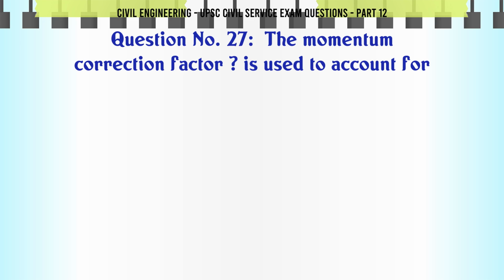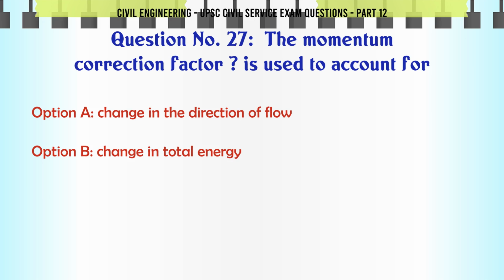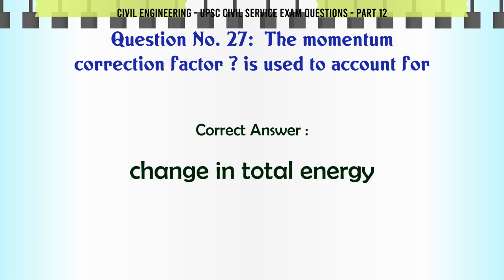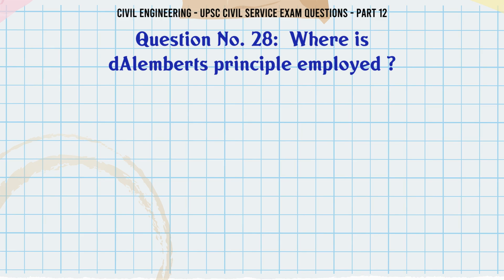The momentum correction factor is used to account for: A. Change in the direction of flow. B. Change in total energy. C. Change in mass rate of flow. D. Non-uniform distribution of velocities. The correct answer is change in total energy. Where is D'Alembert's principle employed?